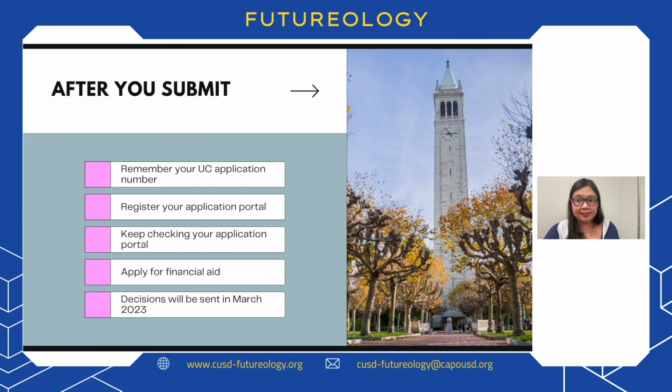We do have separate sessions, and we also have separate videos on how to go through the financial aid process, how to fill out the form. Decisions are typically mailed out via email, via your portal, via physical mail, sometime in March 2023. So be patient. March 2023 is usually and typically when the UCs will release decision information.